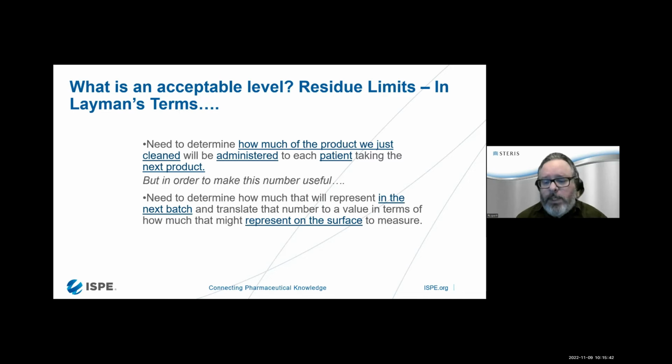And that could either be a direct surface sample or through a rinse sample analysis. And we also need to understand a safe level. And this is where in the past it used to be applying safety factors. Now we're using health-based exposure limits to determine what is a safe level that could be carried over.